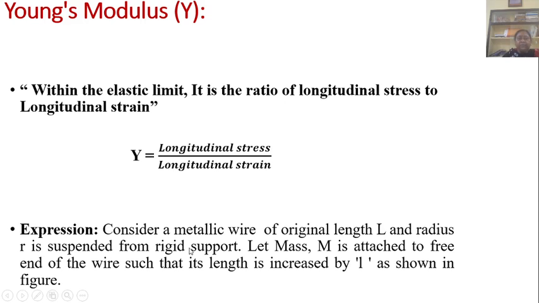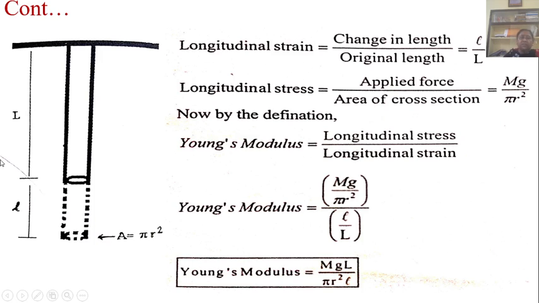Now, consider a metallic wire of original length capital L and radius r suspended from a rigid support. Let a mass M be attached to the free end of the wire such that its length is increased by small l, as shown in the figure.